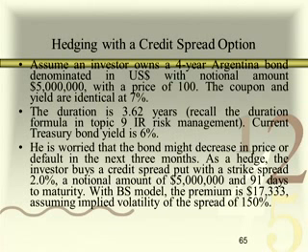As a hedge, the investor buys a credit spread put with a strike spread of 2%, a notional amount of $5 million, and 91 days to maturity, because he thinks it's going to happen within the next 3 months. And if you use the Black-Scholes model, which we're not going to do, the premium he had to pay for this is $17,333.